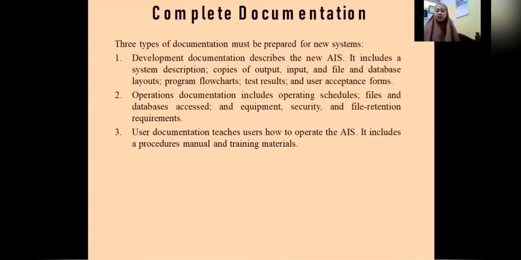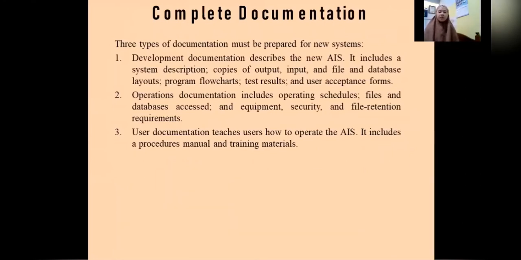Complete documentation. Three types of documents must be prepared for a new system. 1. Development documentation describes the new AES. It includes a system description composed of output, input, files and database, program flowchart, test results, and user acceptance form. 2.